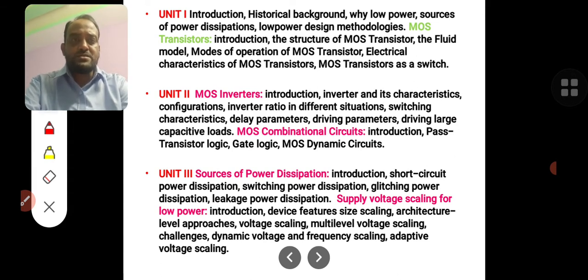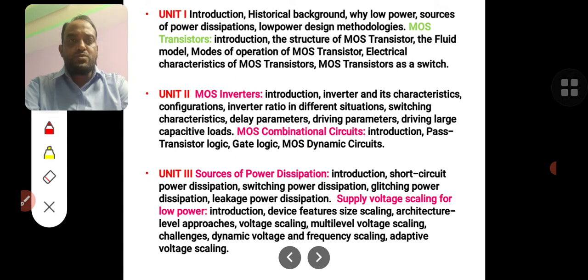Unit 1 is all about introduction and the MOS structure, that is, it gives you a clear explanation and demonstration of how a MOS device operates and how it behaves and what are its electrical properties.